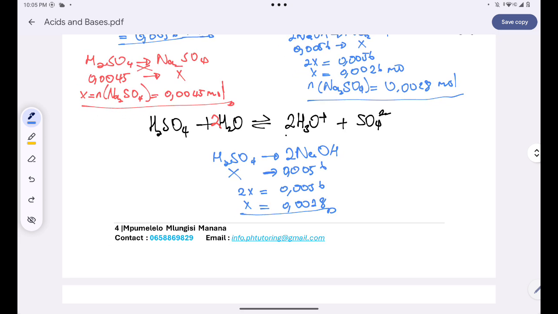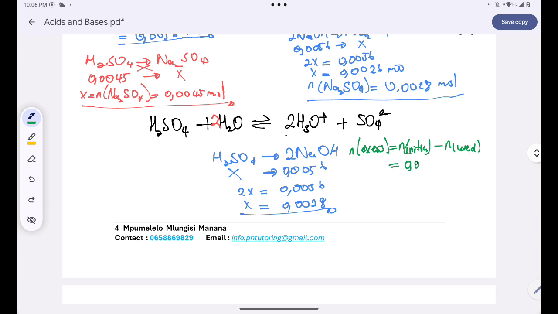Are you together? So therefore, to find the number of moles of the acid which are in excess, I simply need to say the number of moles in excess is equal to the number of moles initial minus the number of moles which were used, or the ones that reacted with the base.